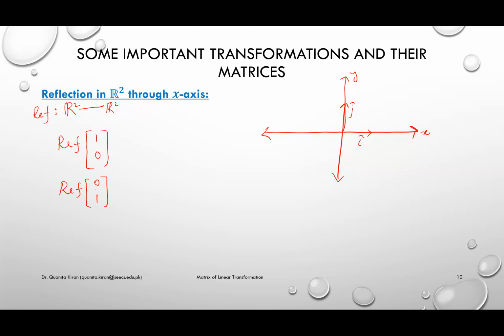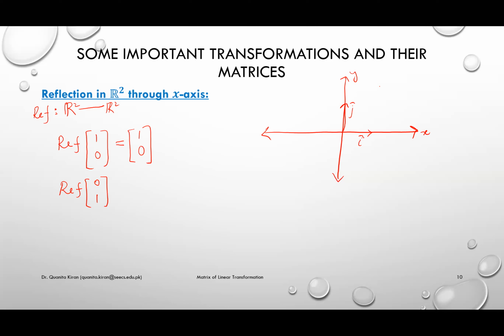Here the reflection is through the x-axis. Any vector on the x-axis is reflected onto itself, so it remains unaltered under the action of the reflection. So the action of reflection on (1, 0) is (1, 0).